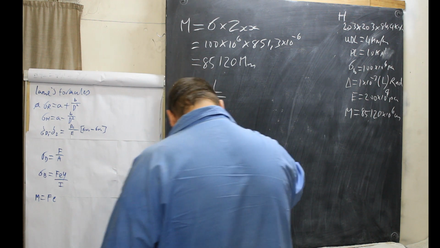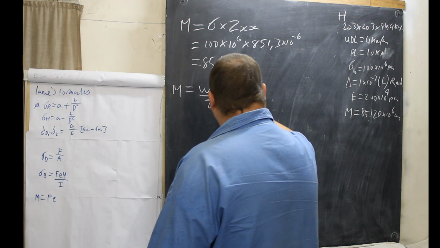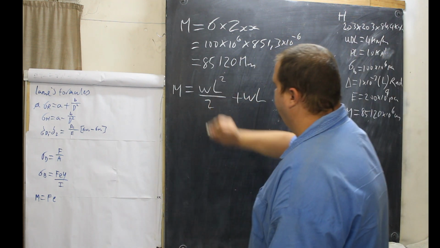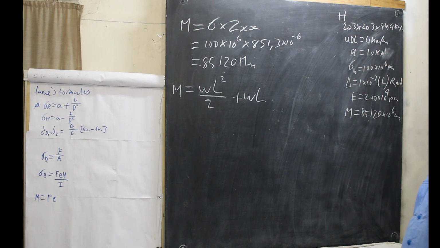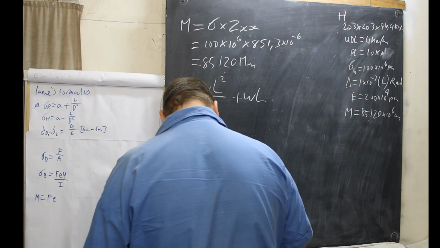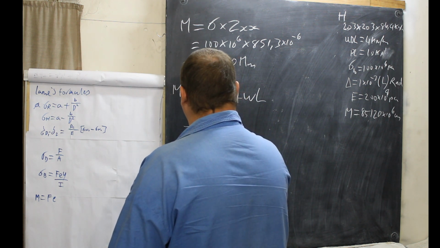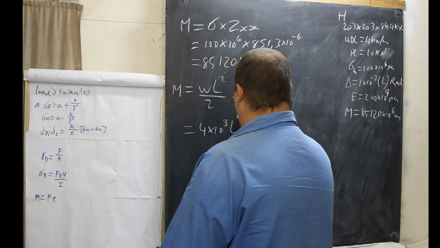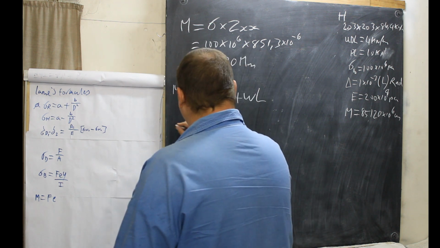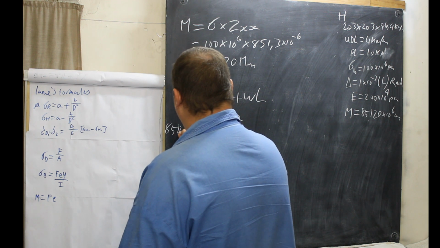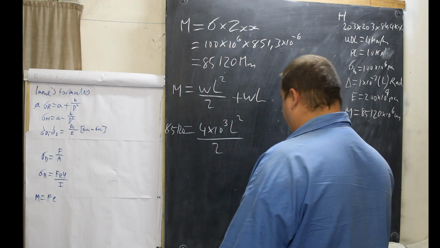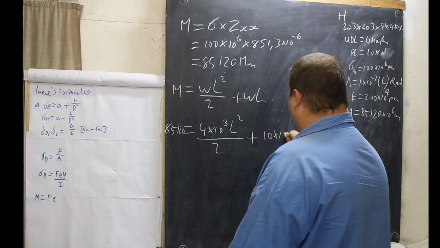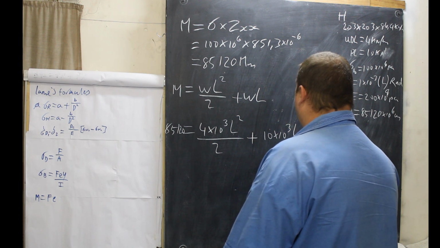WL squared over 2 plus WL. So we don't have L. We have both W's, but we don't have L. So this is 4 times 10 to the 3 L squared over 2 plus 10 times 10 to the 3 L. So 85,120 equals that.